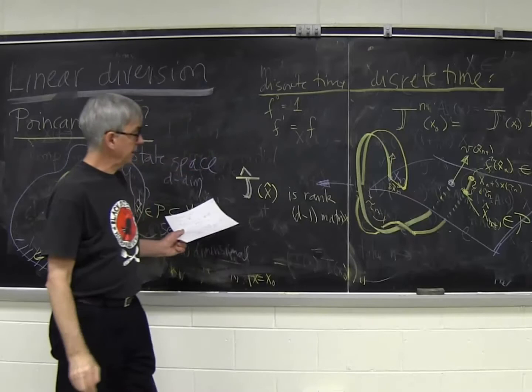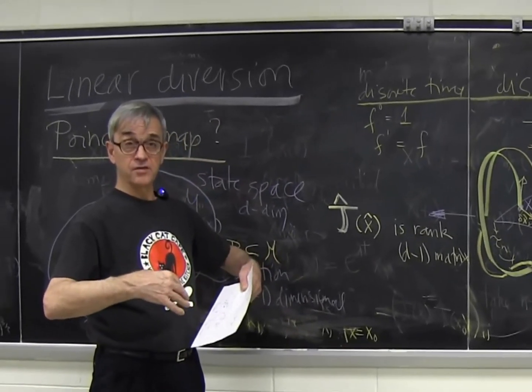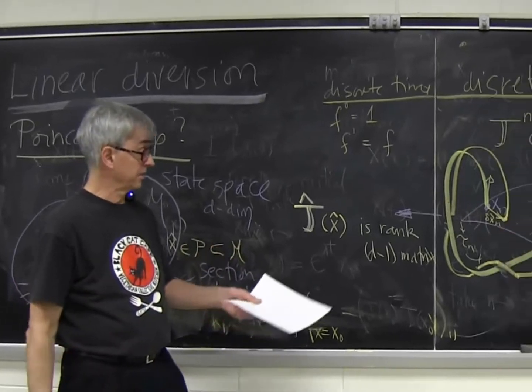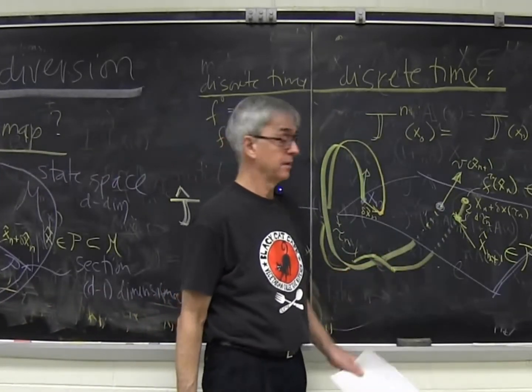So it says morally, you compute it in D dimensions, but morally it's 1 dimension less, because I'm going from the section to the section, so I've gotten rid of 1 dimension.